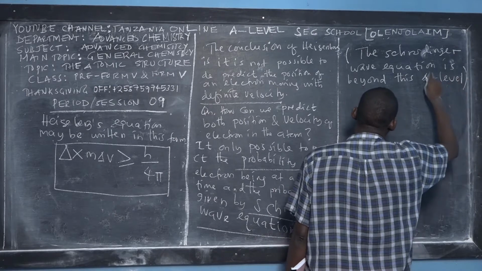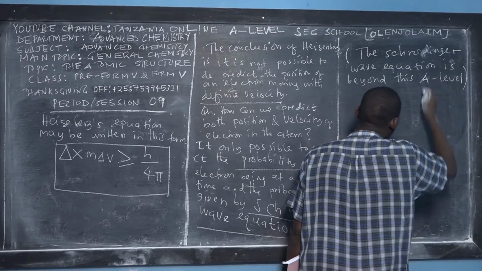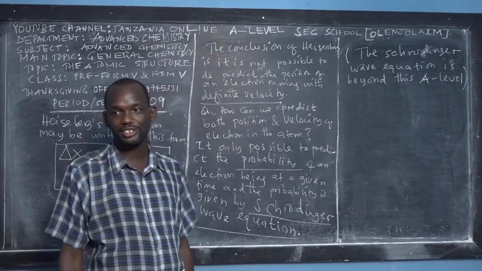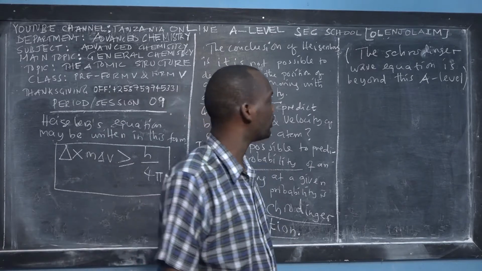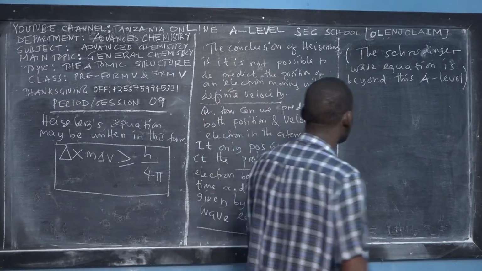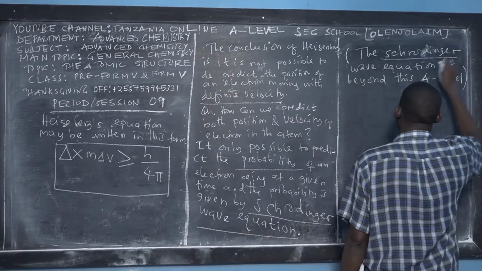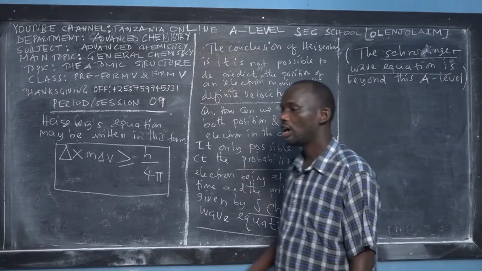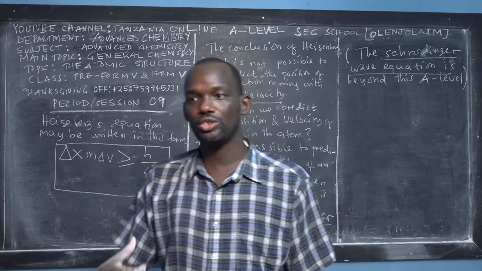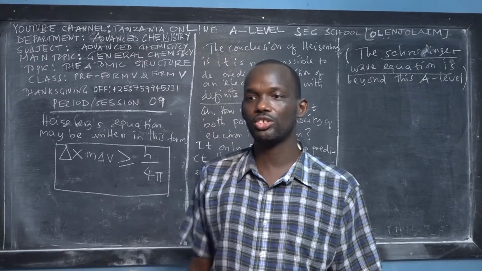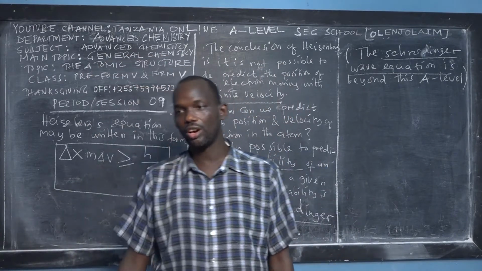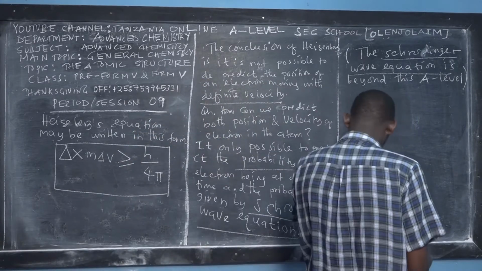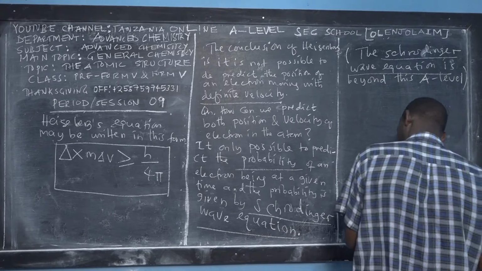You will cover it if you go to undergraduate studies. It means you cannot understand it if it is taught at this level. But what you have to bear in mind is that the Schrödinger wave equation is the equation used to predict the probability of the positions and momentum, or the velocity, of electrons in an atom. Okay, good. That's the good news.